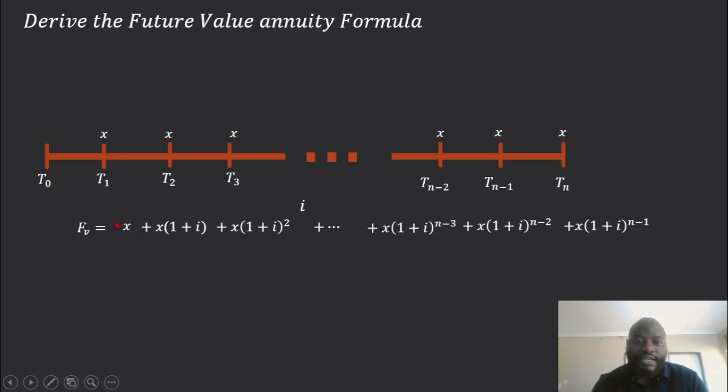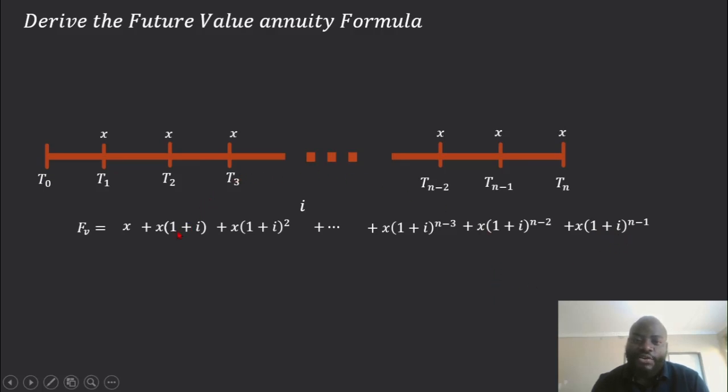This is the first term of our sequence, and this is the first term multiplied by an r, which is the bracket. So this is the constant ratio in our series. As you can see, we have 1 plus I, then 1 plus I to the exponent 2, and then to the exponent 3, and so on up until the very end. The last one will be x multiplied by (1 plus I) to the exponent n minus 1.